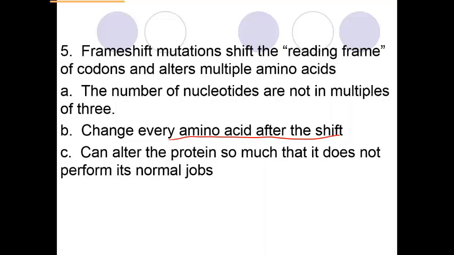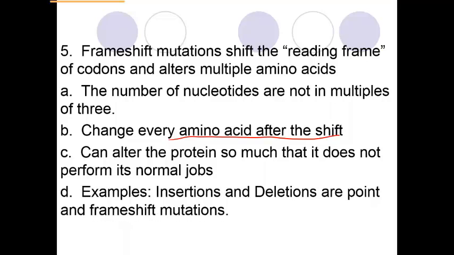So if the shape is wrong, then the protein can't work or can't work correctly. The examples of frameshift mutations would be the insertion and the deletion. These are point mutations because they're affecting one letter, but they're also frameshift mutations because they're going to be moving the other DNA nucleotide letters around.